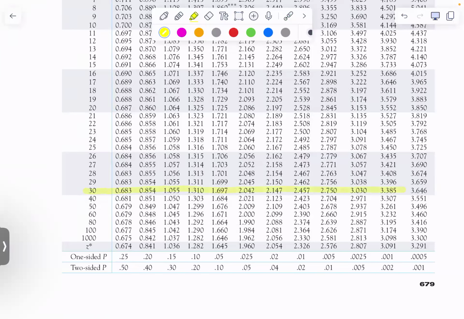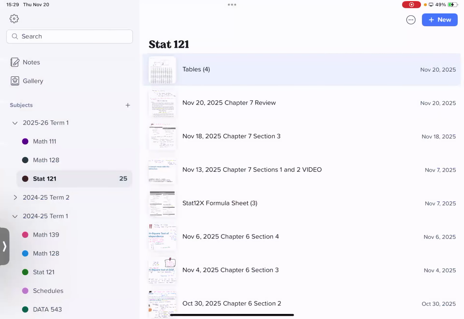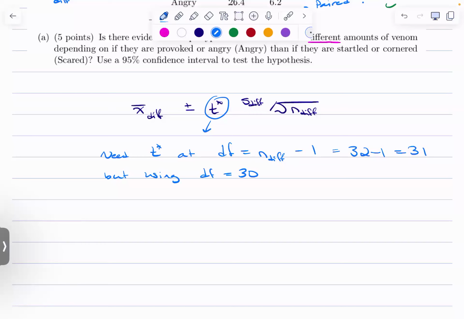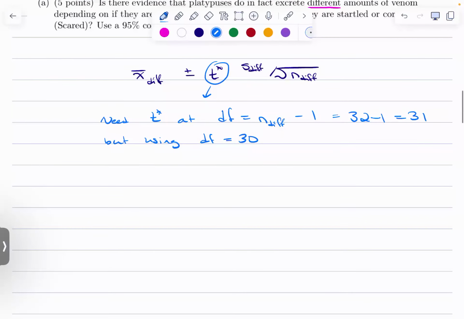Now, what I want you to do, because it's your job to show me all the things that you know, is this: if you found the degrees of freedom is 31, but then you also found that you have to use 30, then tell me that. But using degrees of freedom equal to 30, we find T star is going to be what?